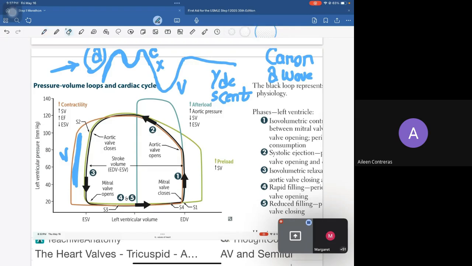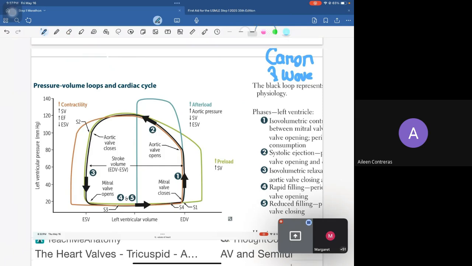Now if we look at the pressure volume loops and if we make it very simple, first of all, let's start from here. So at this point, the atria contract. So when the atria contract, there is an A wave. After the contraction of the atria, the next thing that you want to see is that the ventricles start contracting. When the ventricles start contracting, there is the C wave, right?